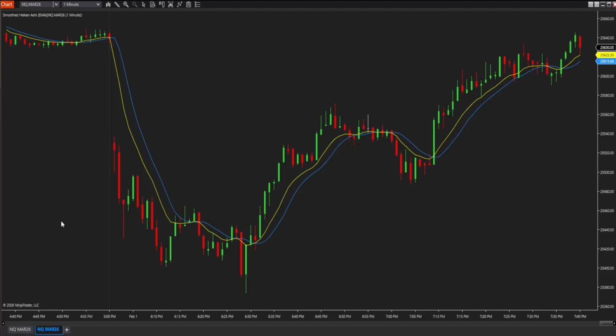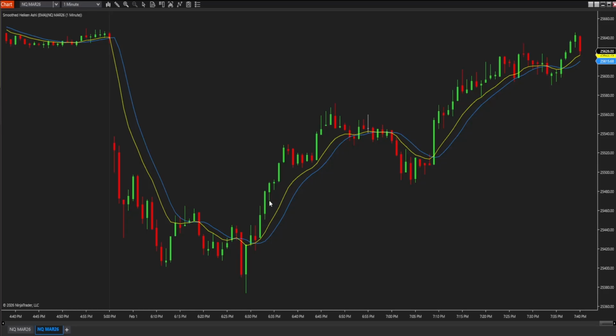But what I did was I started researching institutions and high frequency trading, and I found out that some of them are using what's called the smooth Heiken Ashi. Now, what they do is take the Heiken Ashi chart, and then they'll take that data and smooth it out with a moving average. So basically, I've taken the data here.